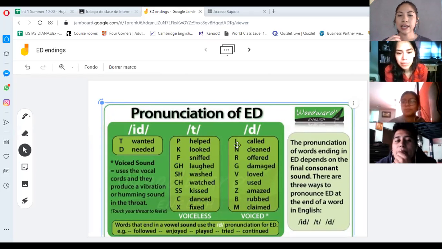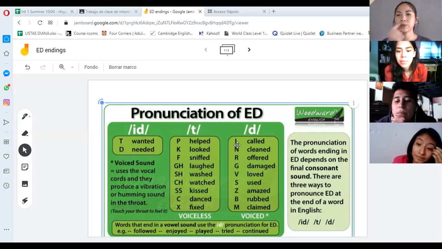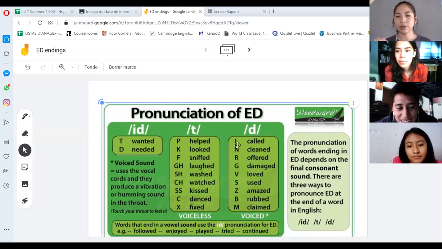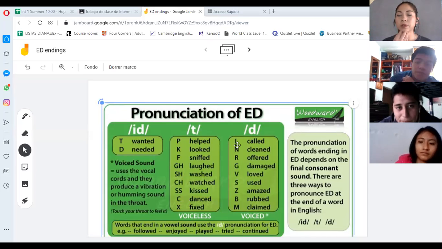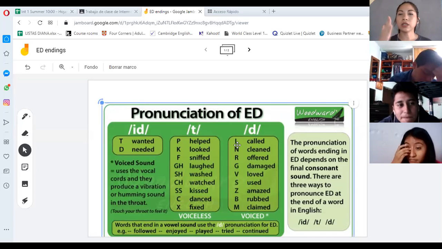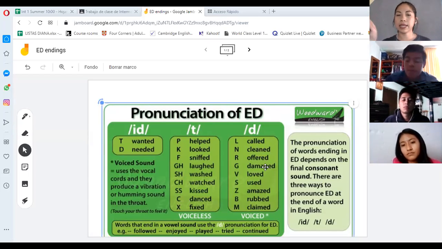Let's say B, with your lips. Do you feel how your mouth vibrates? Those are voiced sounds. They are called that because they have voice. Voiced sounds, because they produce vibration. So if one consonant produces vibration, you pronounce that verb with D. You will never sound the E, just the D.